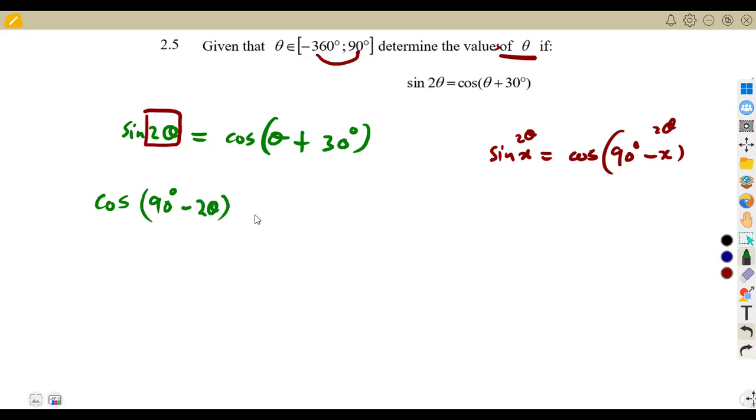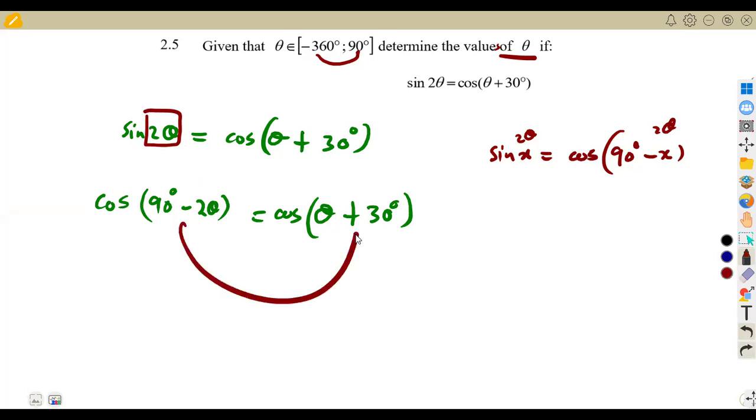And this is equal to the cos that is already on the other side. You just change one side. Either you change this one to be a sine, or you change a sine to be a cos. It's up to you.